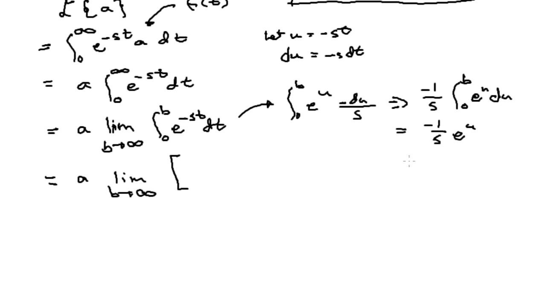But what is our u? Negative 1 over s is e raised to negative st. Okay? So, yan yung ilalagay natin dito. Negative 1 over s, e raised to negative st, and indefinite integral, definite integral, so sorry, 0 to b. Okay? And siguro naman naalala nyo pa kung paano to.